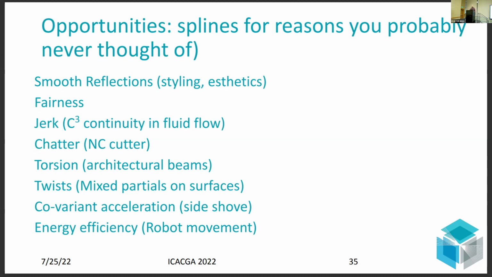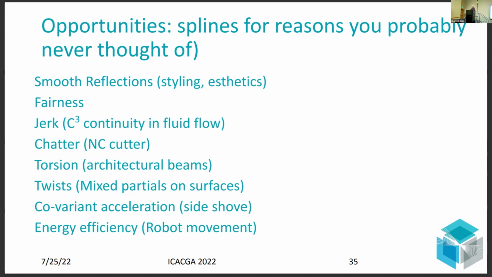Somebody out there in fluid flow? Is it? Okay. Very important in fluid flow. The shipbuilders believe they need C3, even though they weld these joints on, but still. If I'm a sailboat racer, that's going to be important.